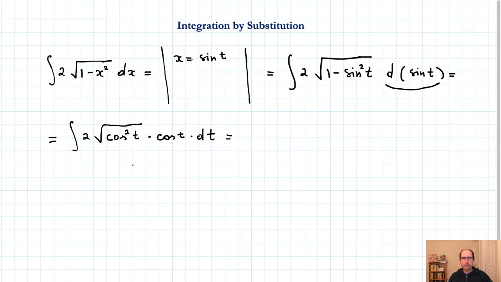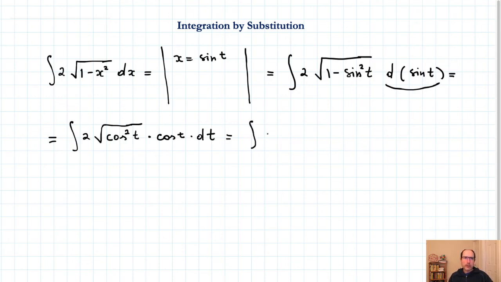However, you could check that in both cases, cosine t being positive and cosine t being negative, the end result after we make a substitution, integrate, and then return to x, is the same. And so actually it wouldn't matter in the end whether cosine t is positive or negative.